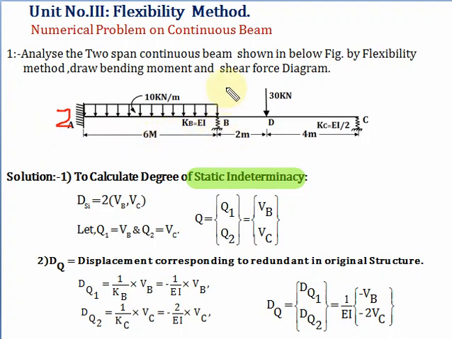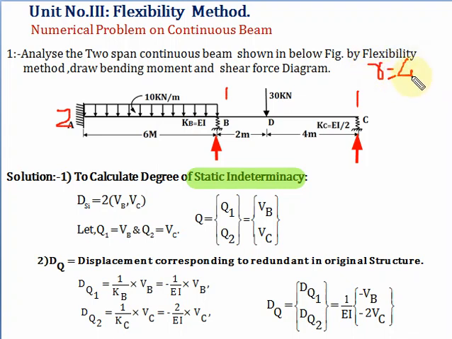At the spring support there will be one reaction, that is the vertical reaction, and at C also there will be one reaction, that is the vertical reaction at C, because it will displace in downward direction. So total reactions R is equal to 4.